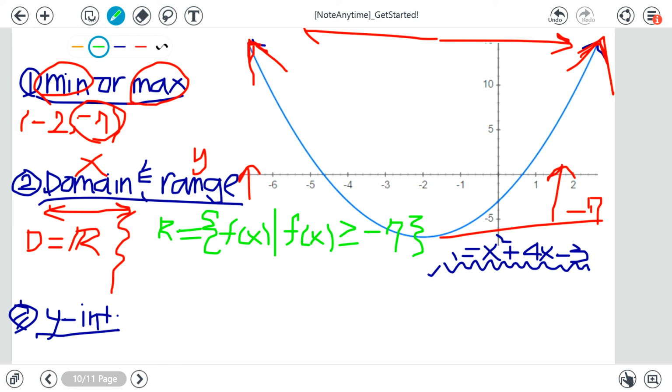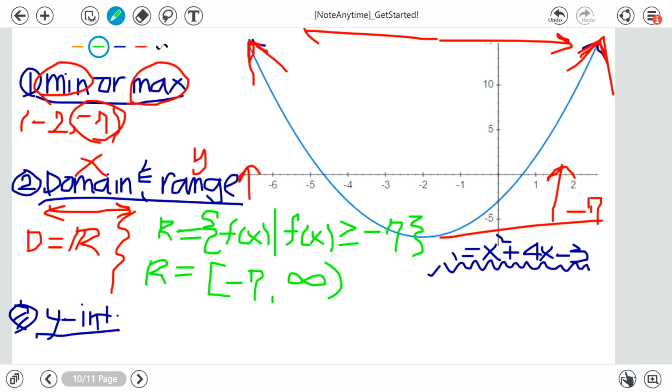Now, a lot of professors would rather write it this way because it's easier: a closed bracket, -7, to positive infinity, and an open bracket. The notation of closed bracket and open bracket, I'll go over in class. It's super easy. I just don't want to take up too much room in this video.